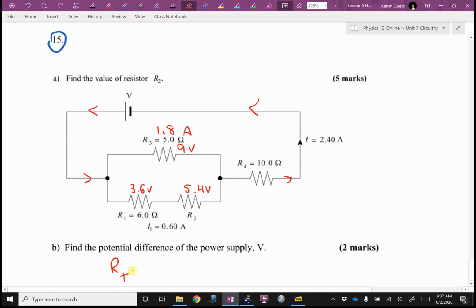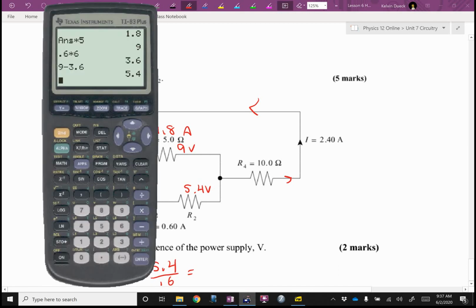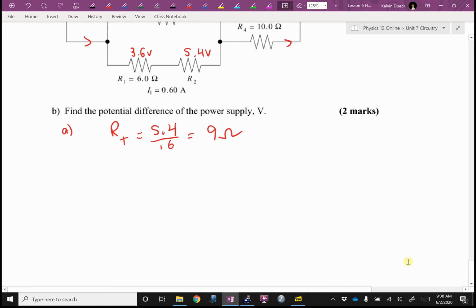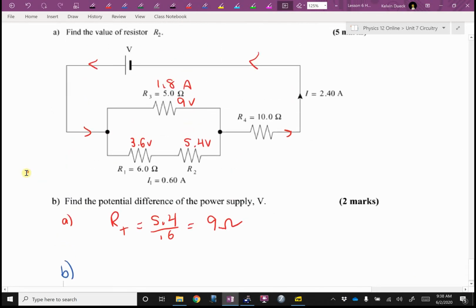So R2 is going to be V, 5.4, over I, 0.6. R2 is V over I, and it's going to be 9 ohms. That's for part A. For part B, I'm almost there.